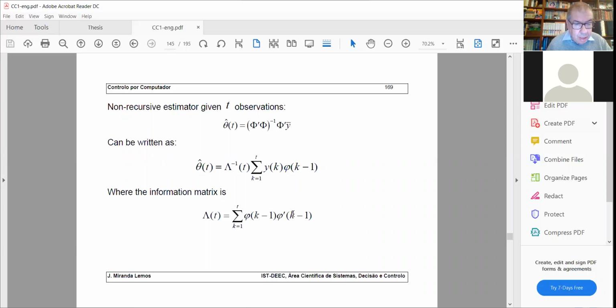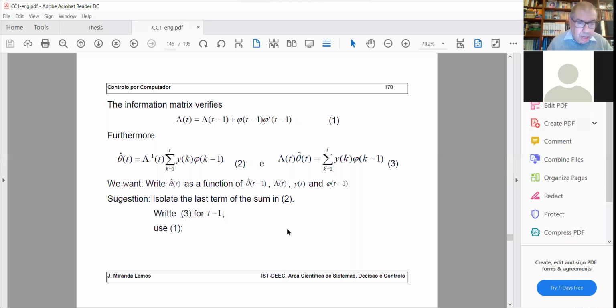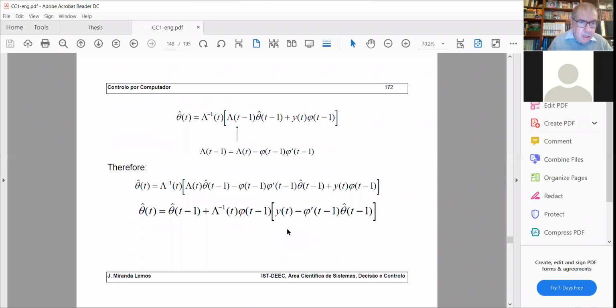So you are adding these terms to the previous information matrix. The new information matrix is the old one plus phi phi transposed at the most recent point.